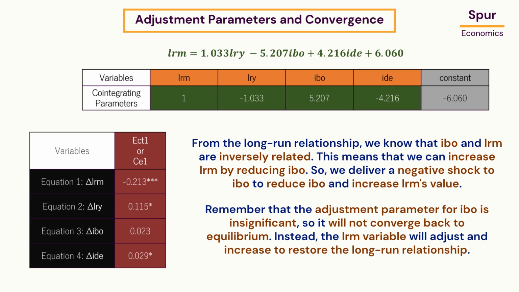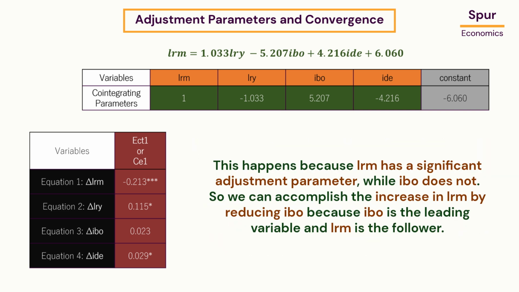So, we deliver a negative shock to IBO to reduce IBO and increase LRM's value. Remember that the adjustment parameter for IBO is insignificant, so it will not converge back to equilibrium. Instead, the LRM variable will adjust and increase to restore the long-run relationship. This happens because LRM has a significant adjustment parameter, while IBO does not.